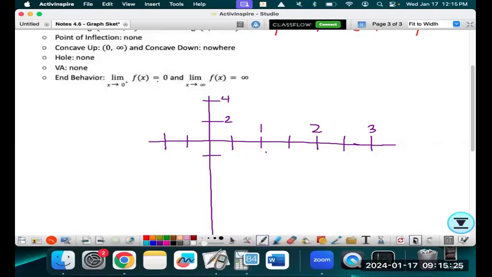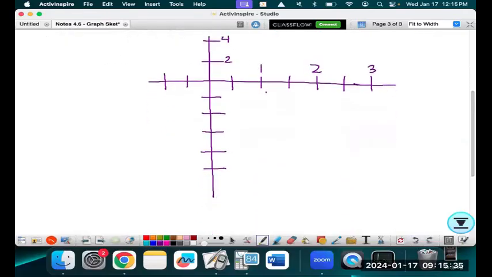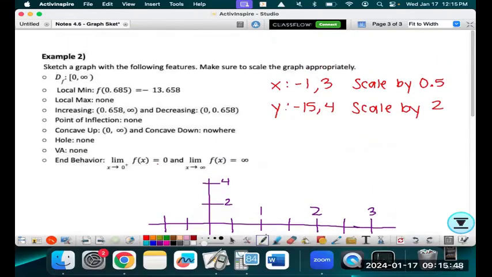Let's see. -2, -4, -6, -8, -10, -12, -14. I guess we'll do -16. Since I'm scaling by 2s.